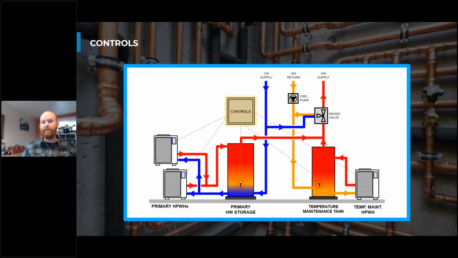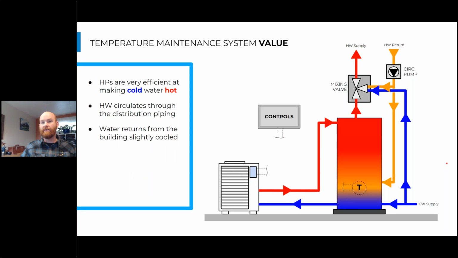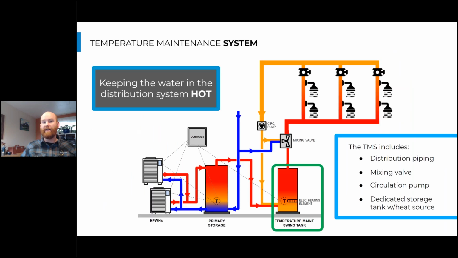So we have a few design solutions to isolate that hot water circulation load from the primary heat pump water heaters. And we can either do this in a series swing tank or in a parallel multi-pass heat pump water heater example. And I'm showing both those throughout this presentation, but we're not going to dive into the details here just for time's sake.